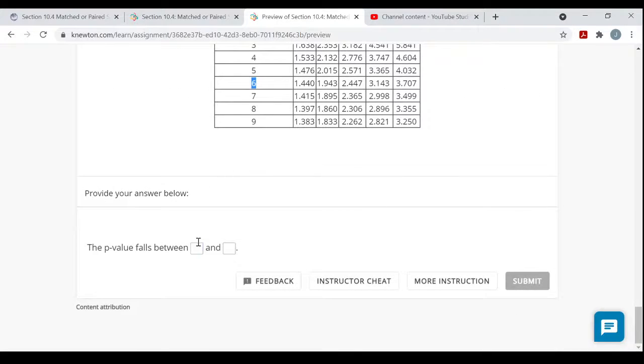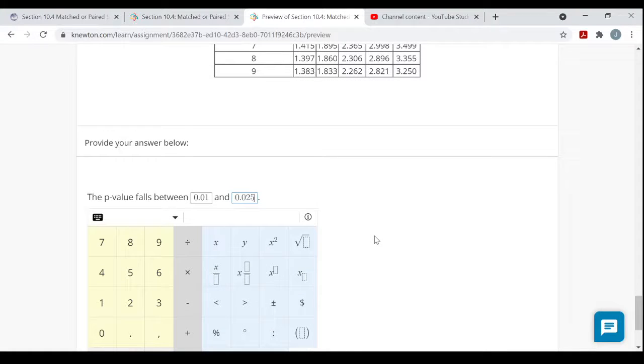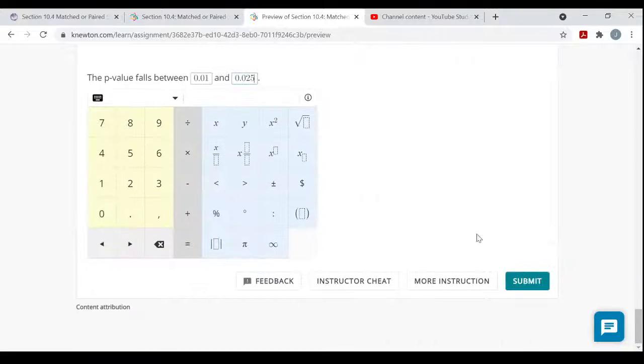So I'm using those values, 0.01 and 0.025. That's what they're asking us for here. Now I know I wrote on paper the p-value is about 0.022, which is between 1 and 2.5%. We're asked to punch in values that are showing up on this table.